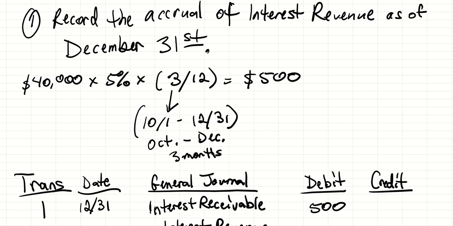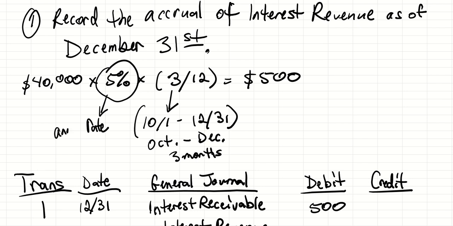So as you can see here, you can pretty much see the whole thing. First thing we need to do is actually calculate what the accrual will be of the interest that was earned. All right, so interest revenue. So $40,000 multiplied by 5% because this is the rate.